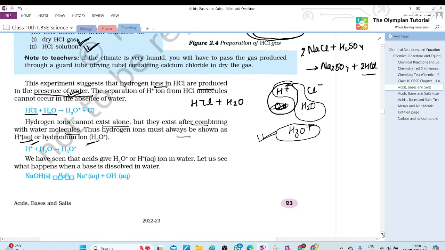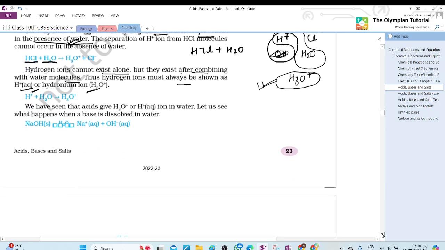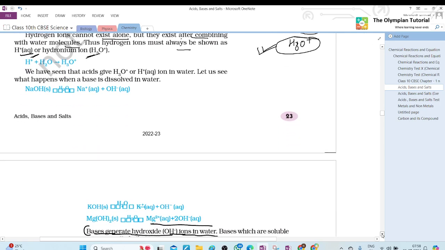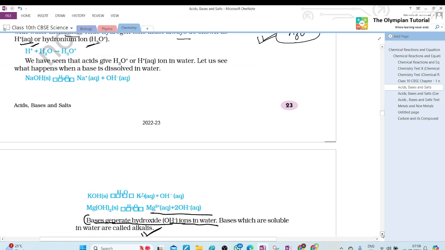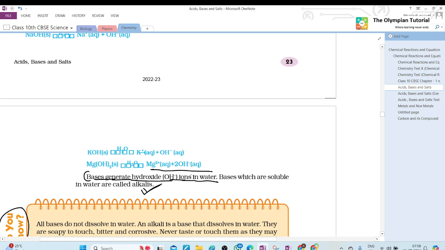Yes, ma'am. And in case of bases, we get OH minus ion in water. Bases which are soluble in water are called alkalis.